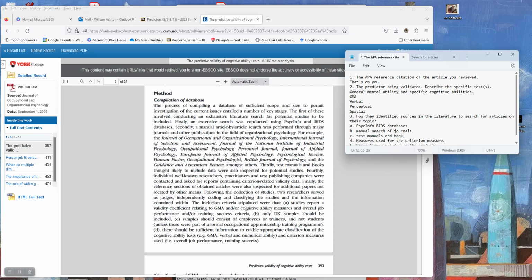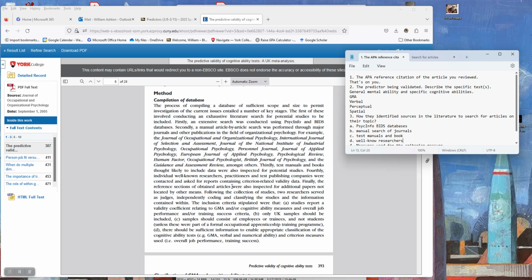and books, well-known researchers. And is that it?